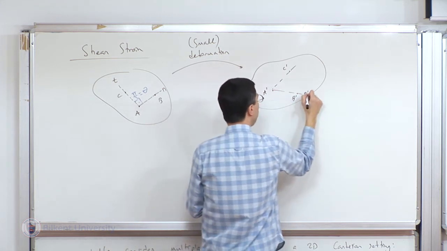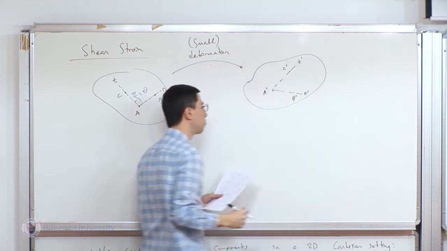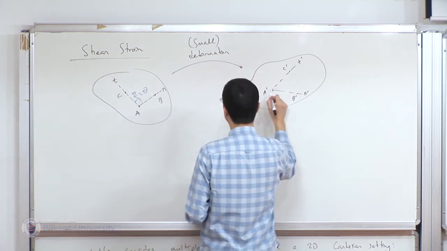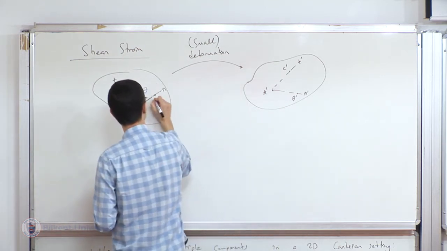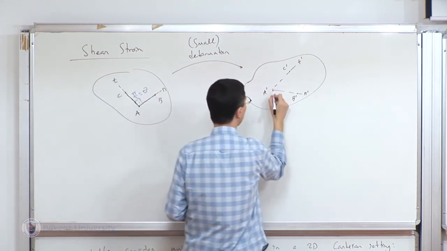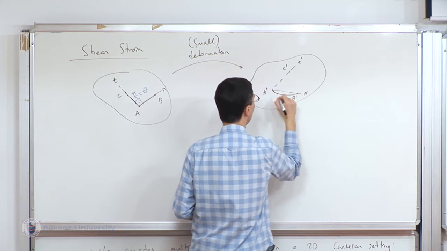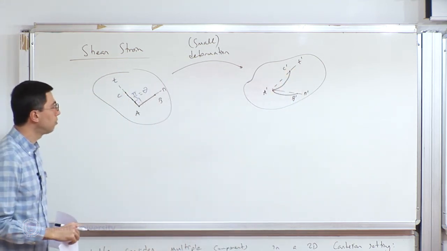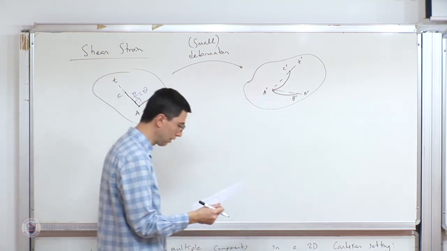So that is a new direction N prime. That's a new direction T prime. And the lines have also deformed. These lines which I had on the original shape linking A to B look now like this, and the line connecting A to C has also deformed, and it looks like that.